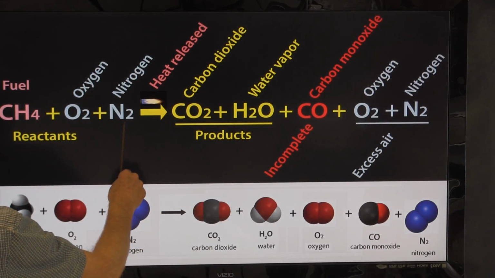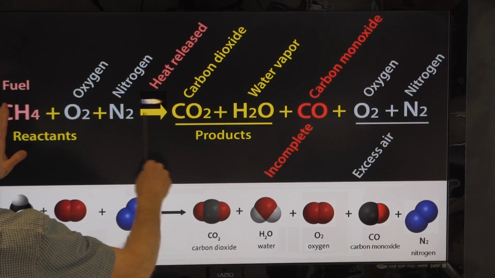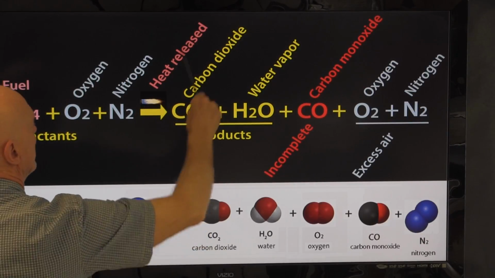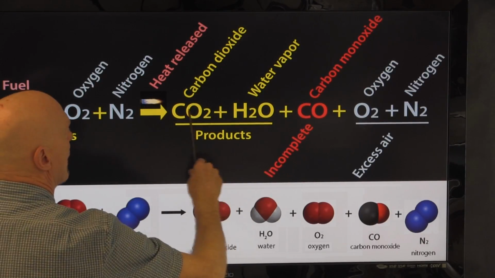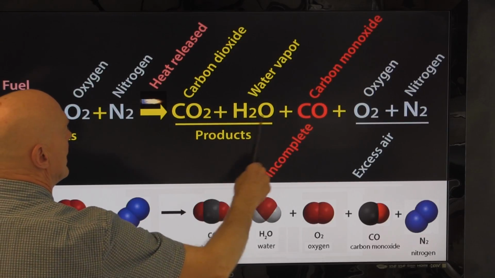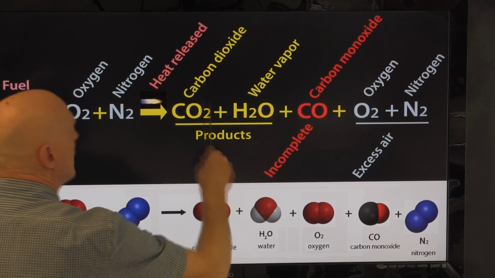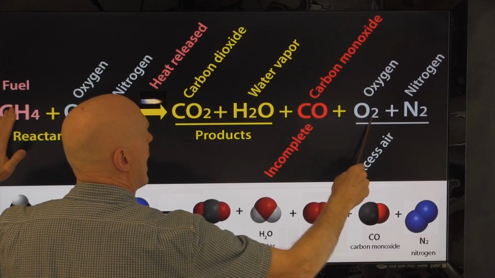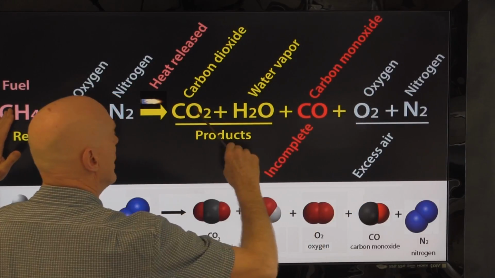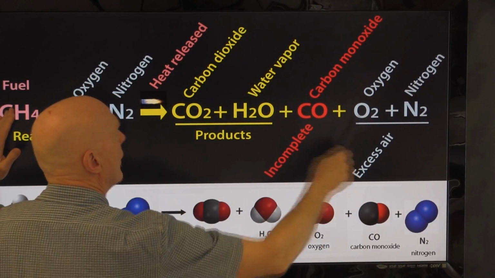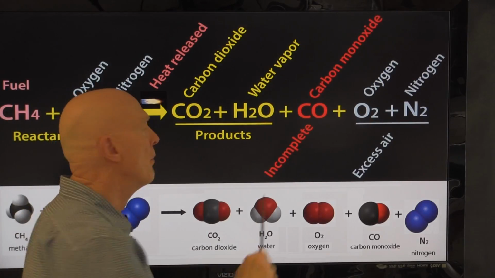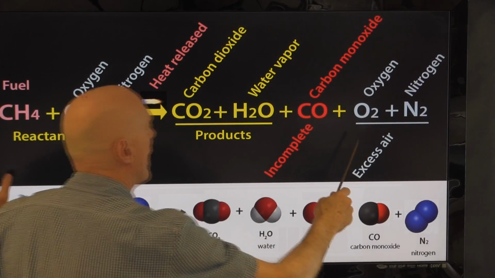Here are the reactants. Here is the yield sign. Heat is released here. We get our products, CO2 and H2O. We're not measuring CO2, we're measuring oxygen, which is directly related. We could measure one or the other of these, but most of the analyzers measure oxygen.